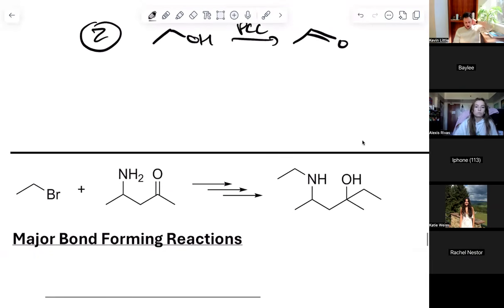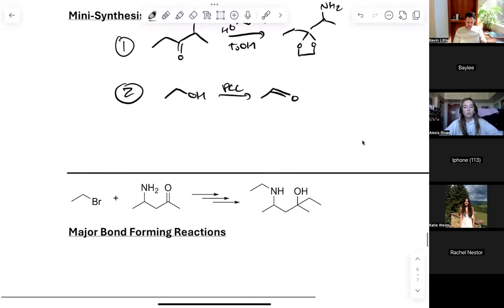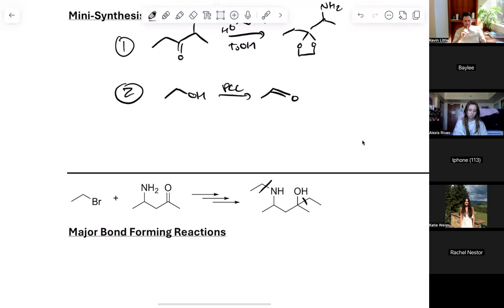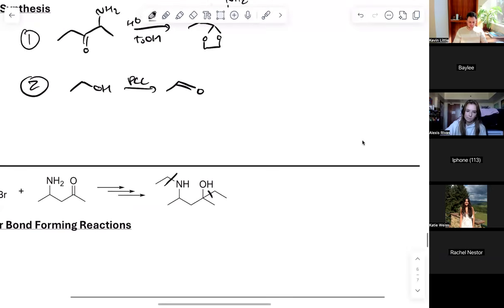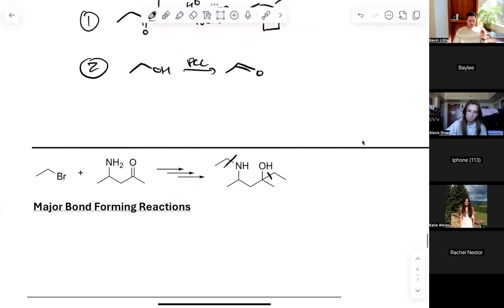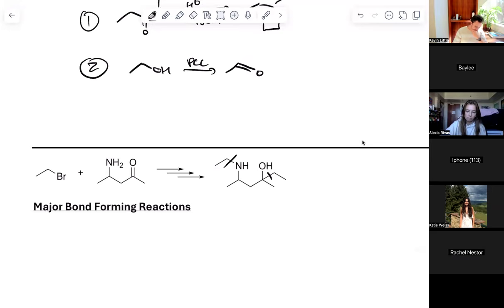All right. I see two major bonds I need to form, right? That one needs to be formed and this one needs to be formed. I'm not seeing an obvious reason to do one or the other, so I guess I'll work on the Grignard first.